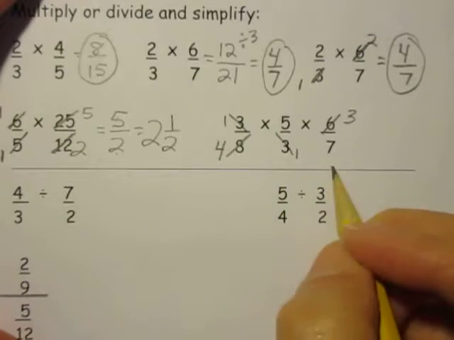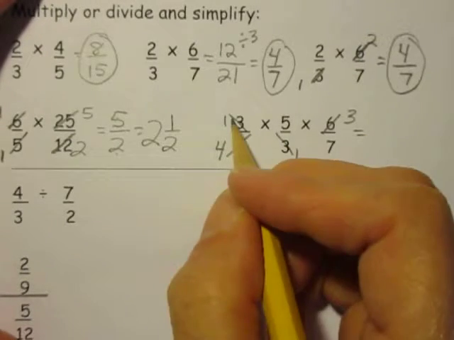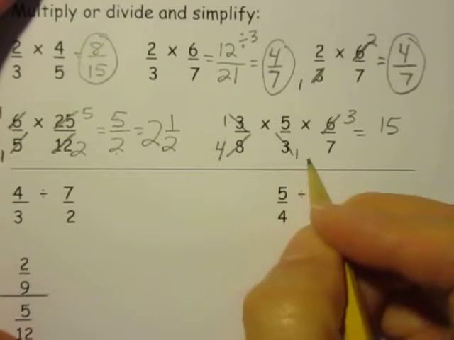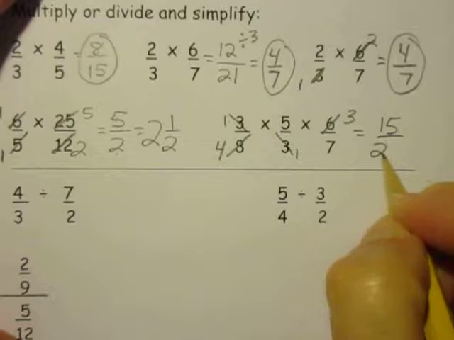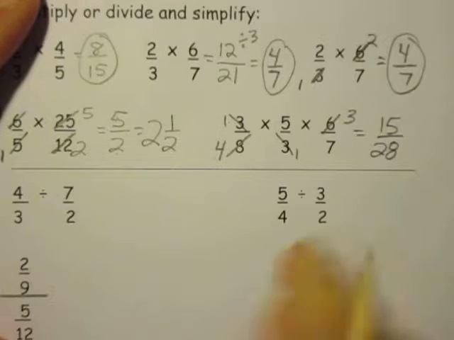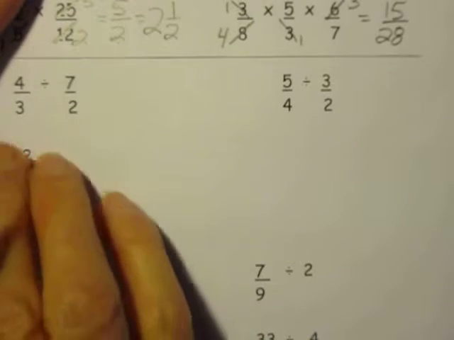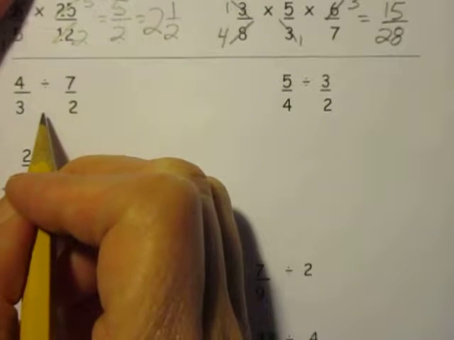Now I don't see anything else that I can do, so I can go ahead and multiply straight across. 1 times 5 times 3 is 15. 4 times 1 times 7 is 28. And there we are.